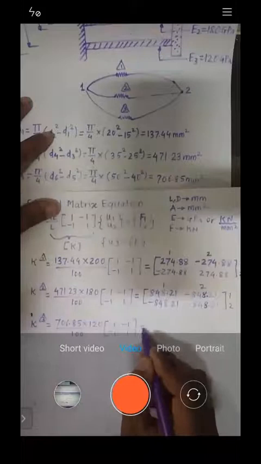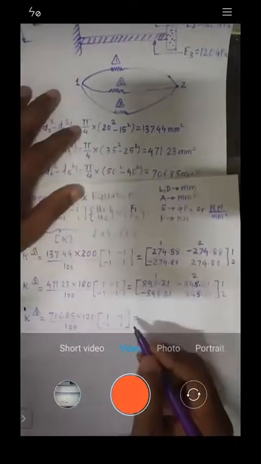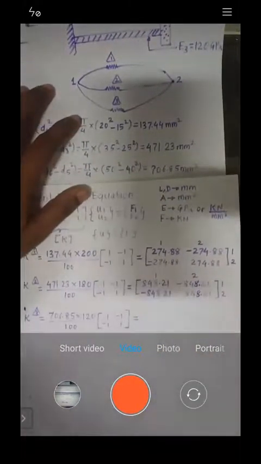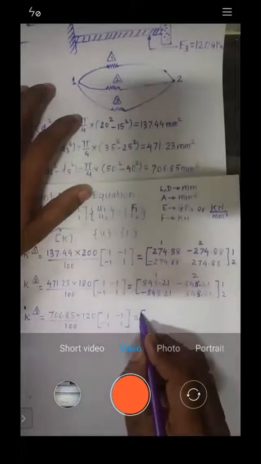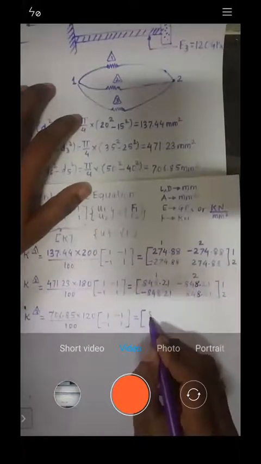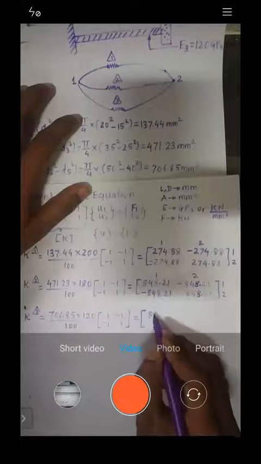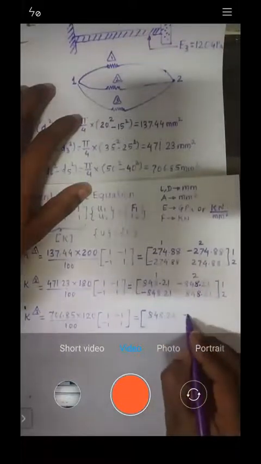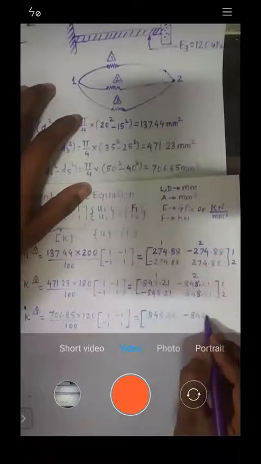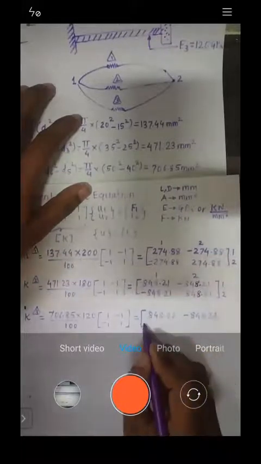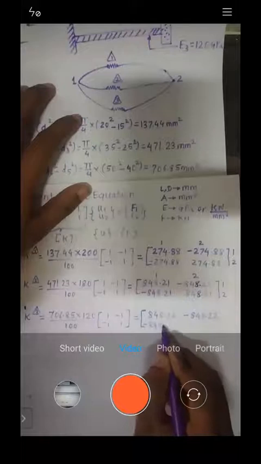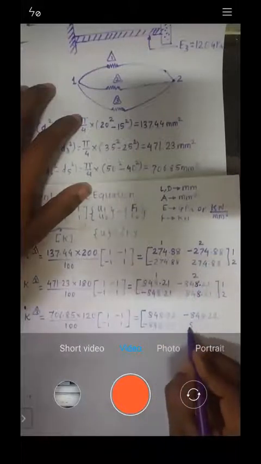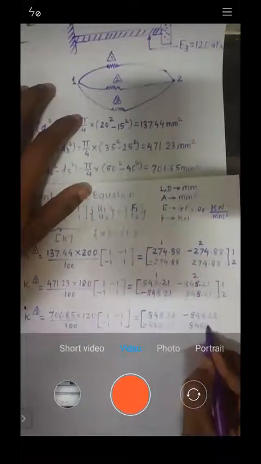Tell me how much you're getting. 848.22. This is minus 848.22, this is again minus 848.22, and this is again 848.22.